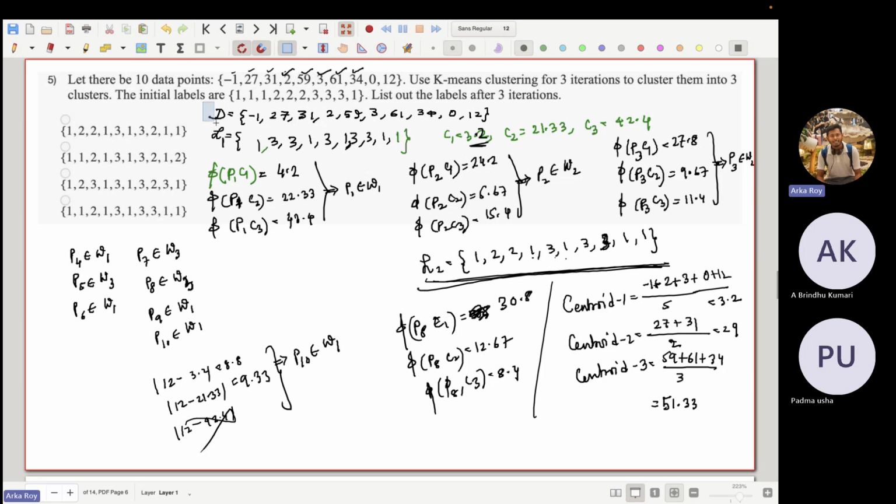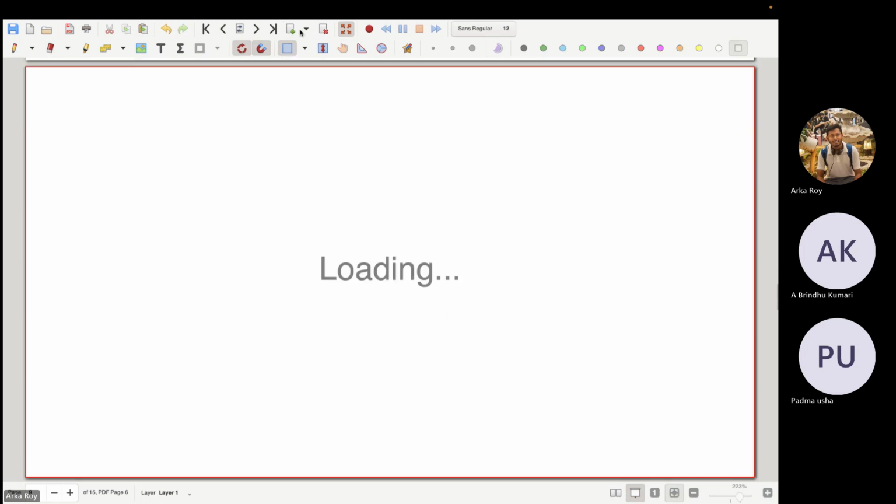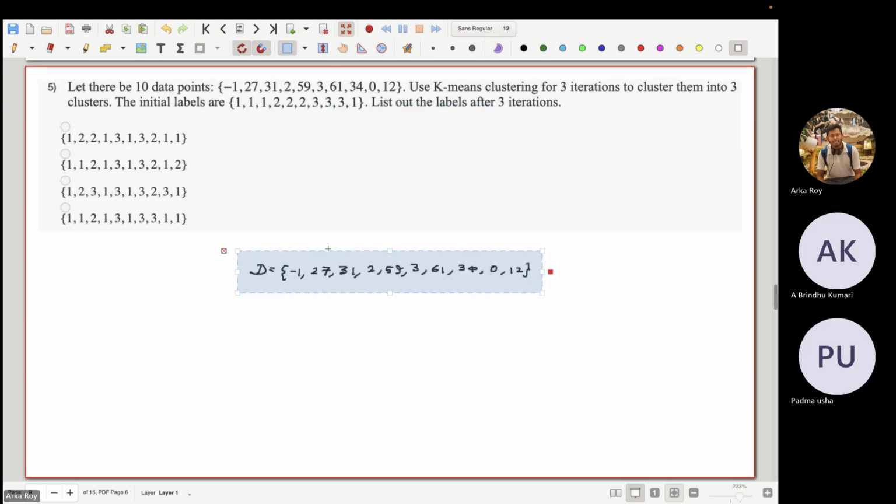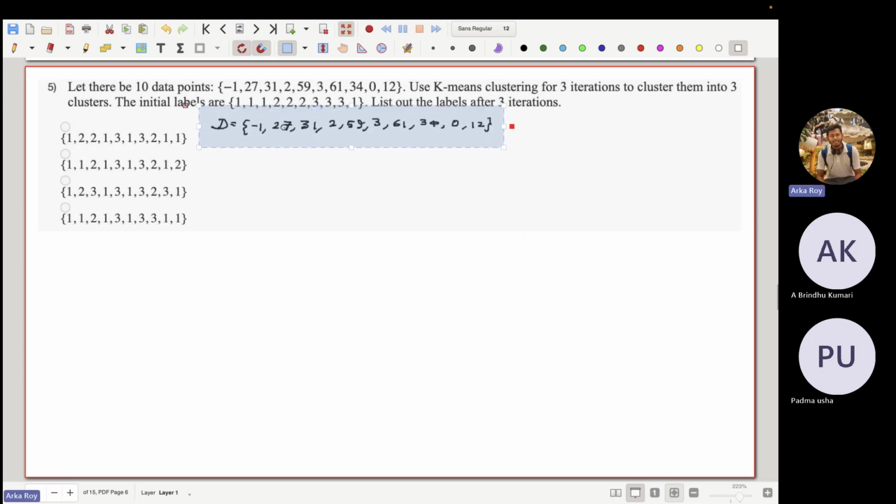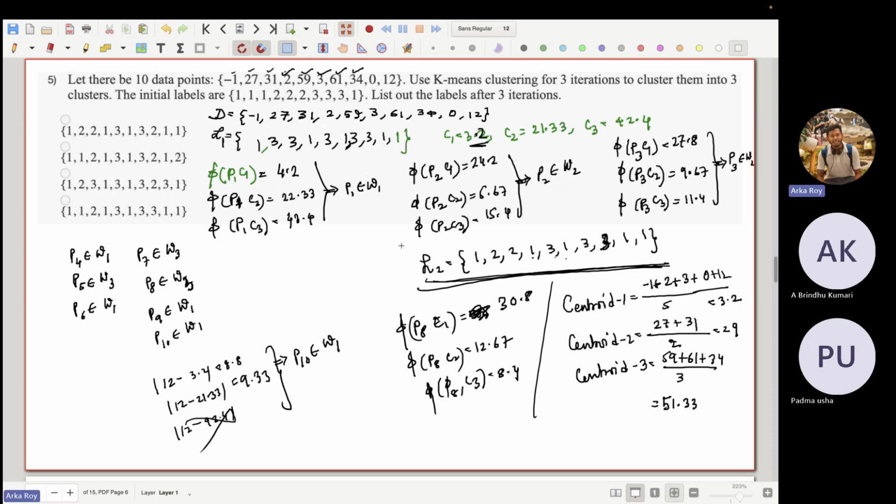So I will just copy this part. So this is the data, and we have to take the labels as well.